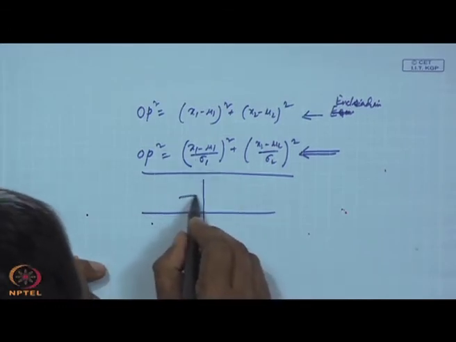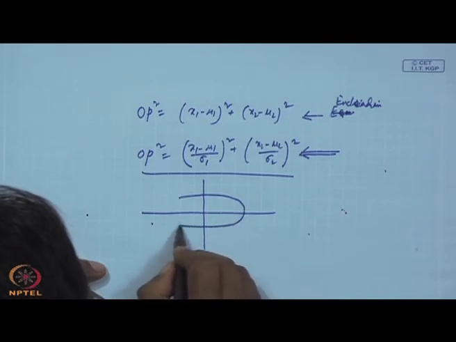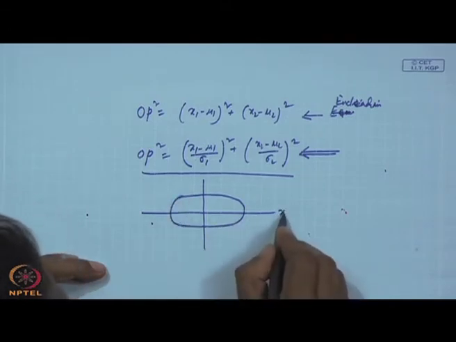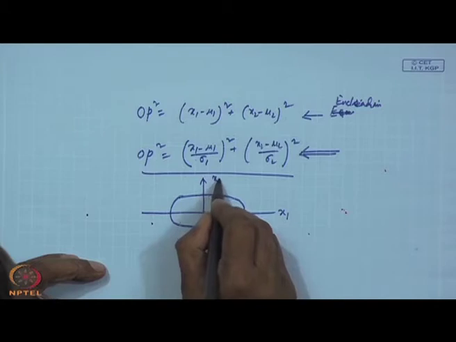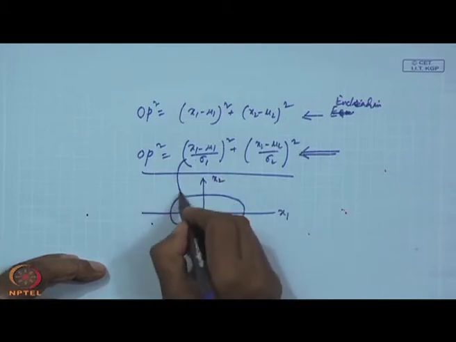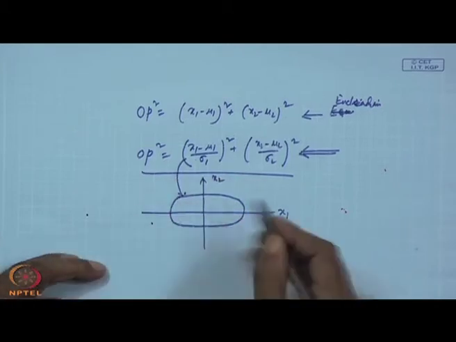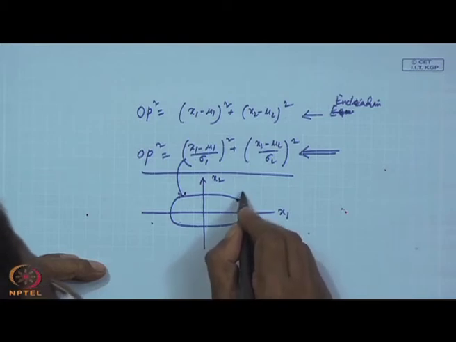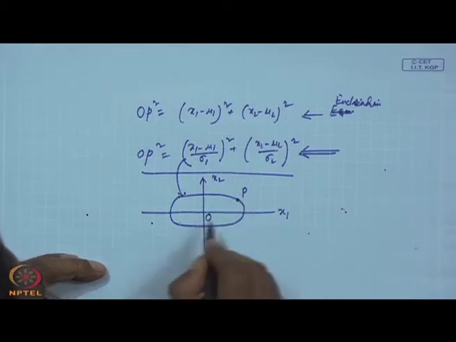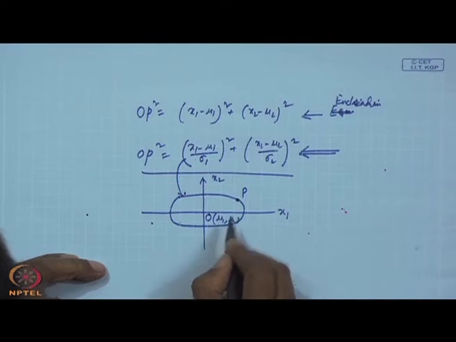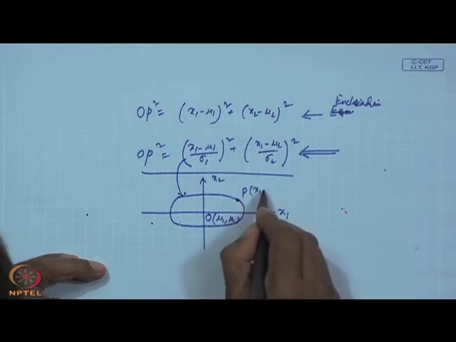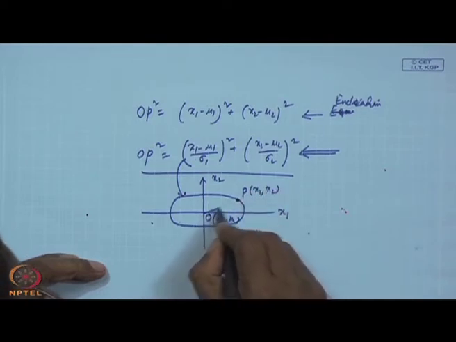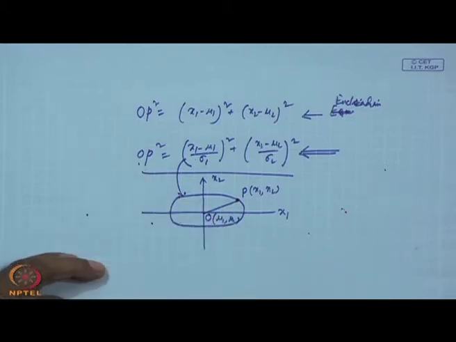If across x1 the variability is high compared to x2, then this is our equation of an ellipse. If you take a point here, suppose this is your P, and O is mu1 and mu2, and P is x1 and x2, then this distance OP is given by this formula.